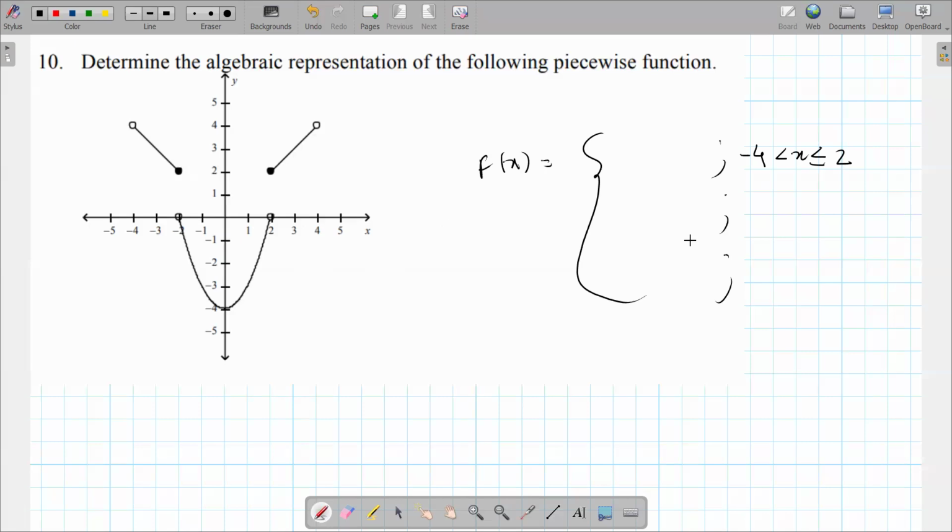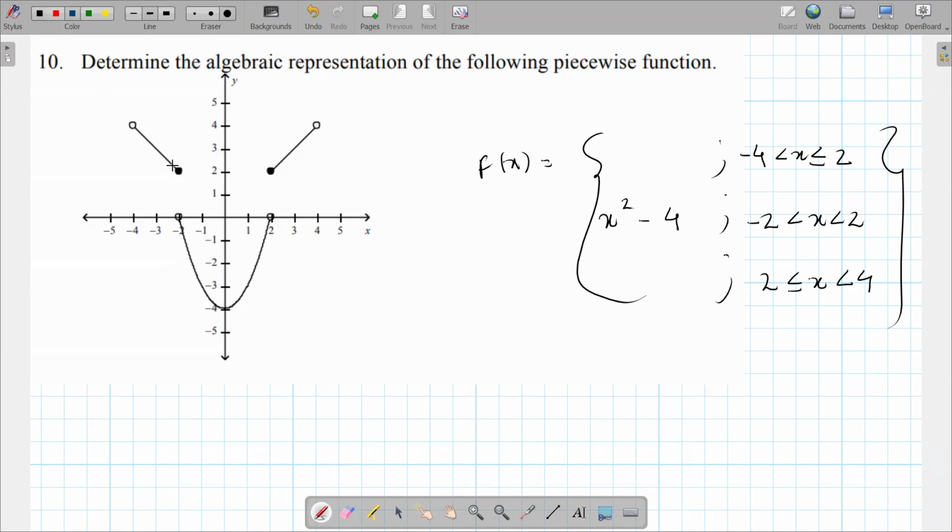The next function is valid from -2 to 2, exclusive on both ends. The third function is valid from 2 inclusive to 4 exclusive. Like that. And what did we just deduce? We deduced that the quadratic is x squared minus 4.